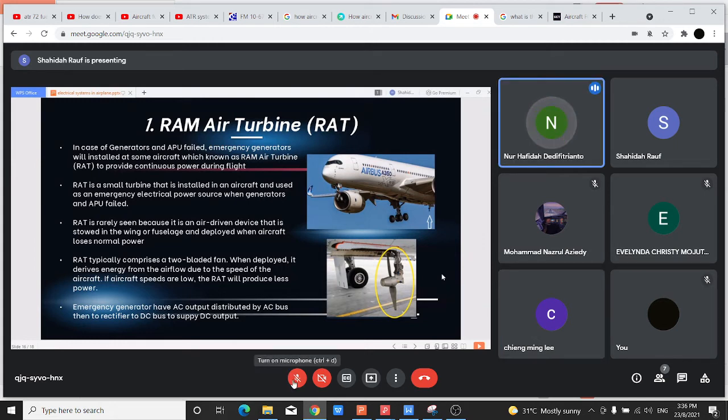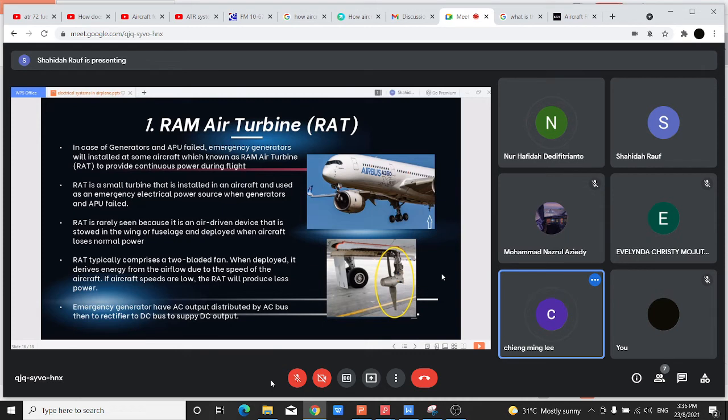Sir, can the ram air turbine also support the air conditioning system in the cabin? If I'm not mistaken, the air conditioning helps pressurize the cabin. If the APU has failed, will the ram air turbine be able to help stabilize the pressure?